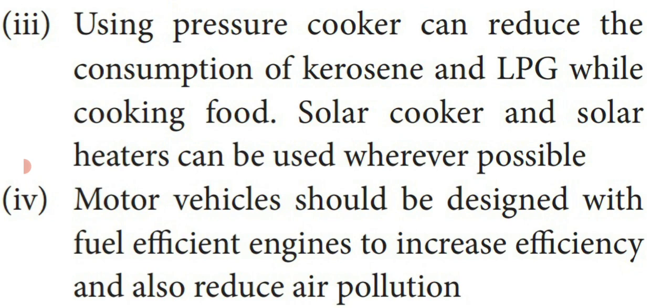Solar cooker and solar heater can be used wherever possible. So we have to use the pressure cooker while cooking at home to reduce the consumption of kerosene and LPG gas. Not only that, we can use a solar cooker and solar heater if possible.